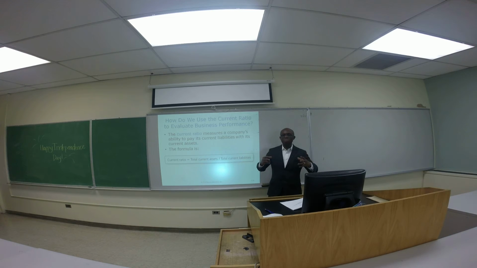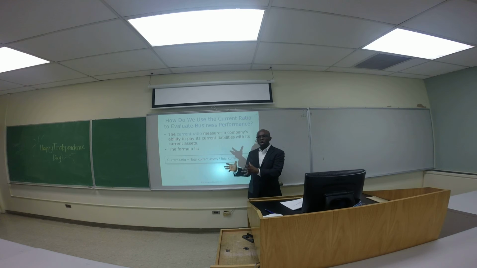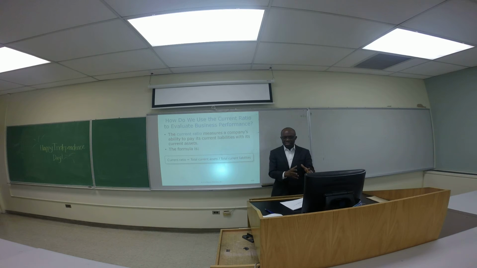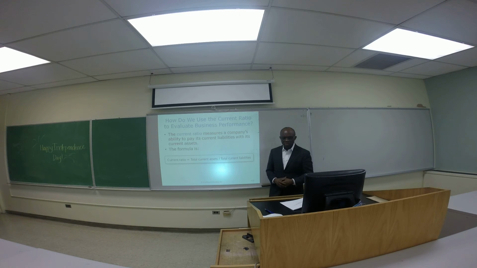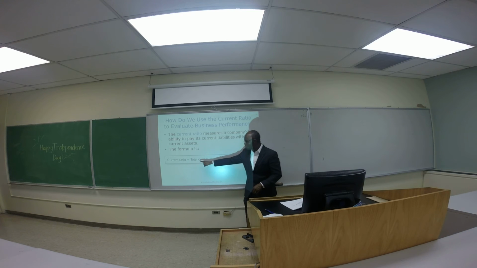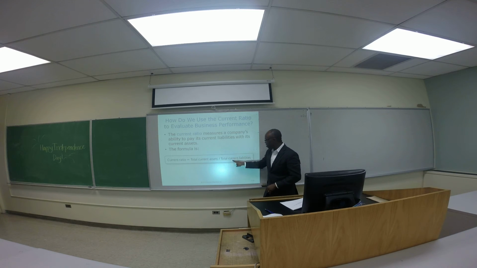It measures the company's ability to pay current obligations. Now, what do you use to pay current liabilities? Of course, your current assets. So the ratio establishes a relationship between current liabilities, which are your current obligations, and your current assets. All right. So the formula is simply total current assets divided by total current liabilities.